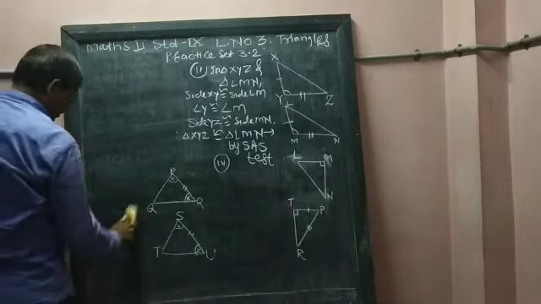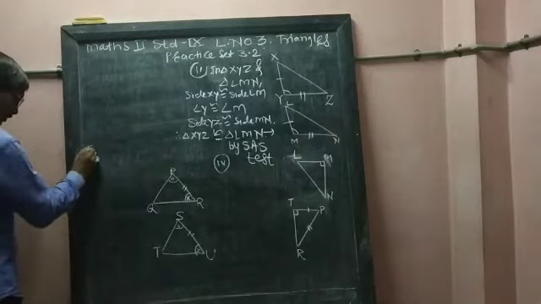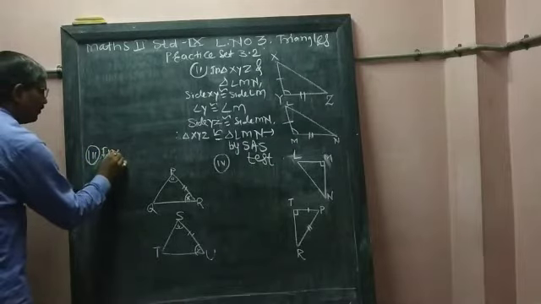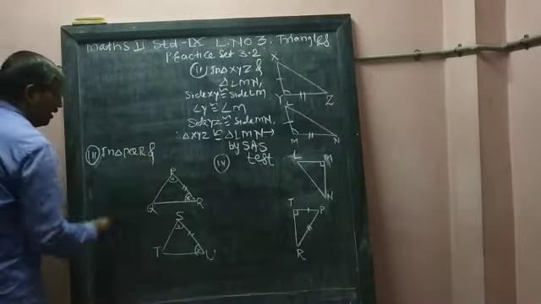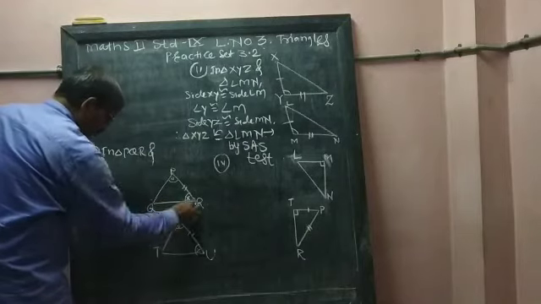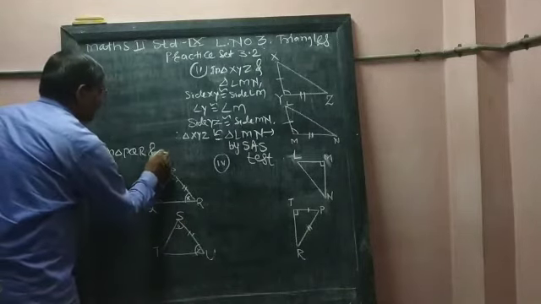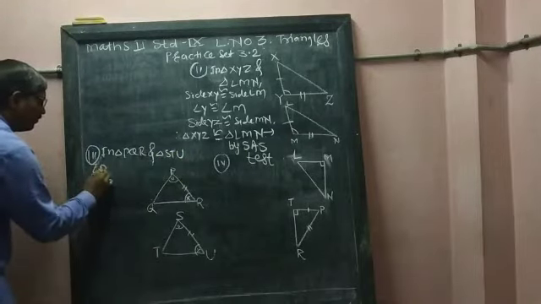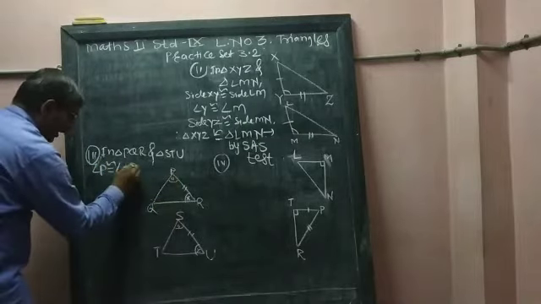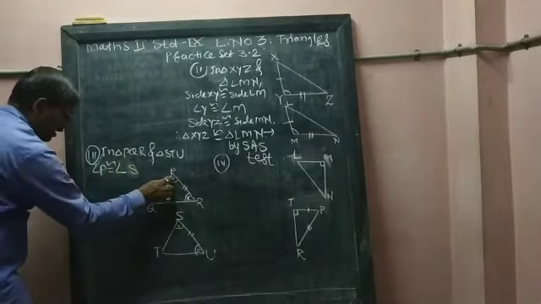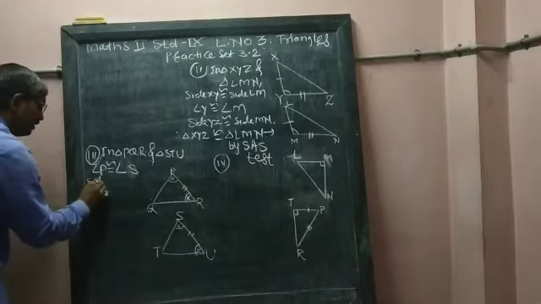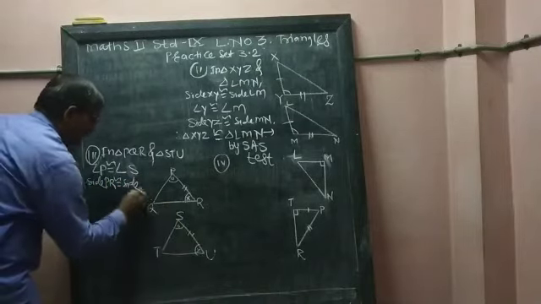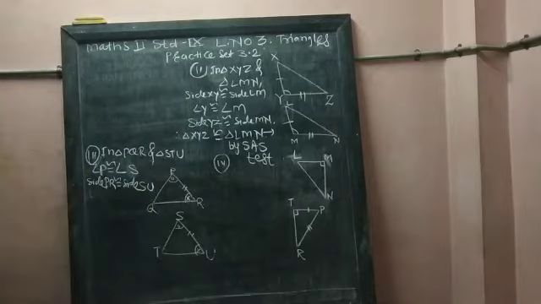Now we will see question number 3. What is in question number 3? Please look here. In triangle PQR and triangle STU, angle P is congruent to angle S. Side PR is congruent to side SU.